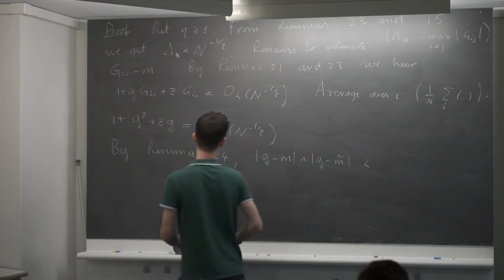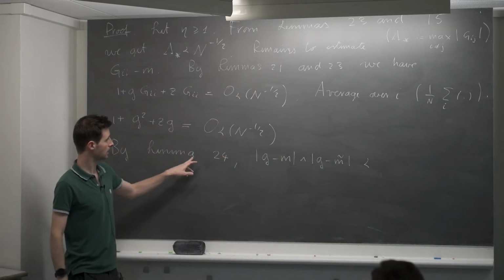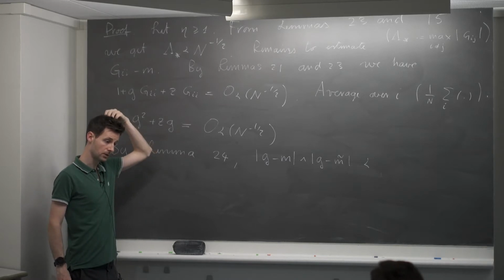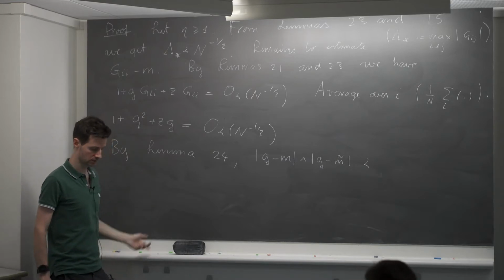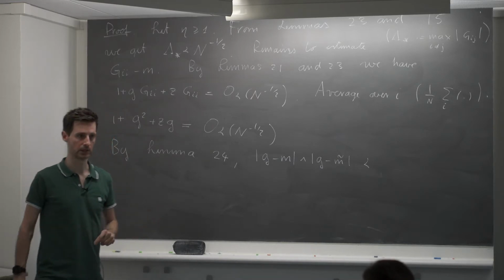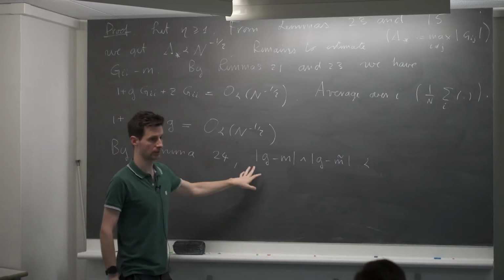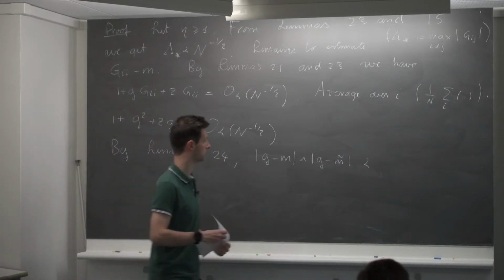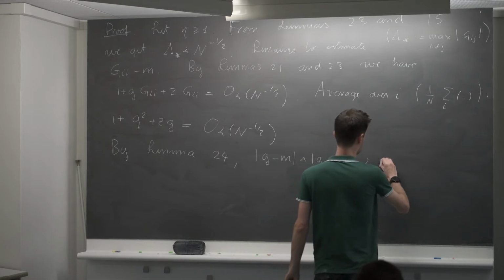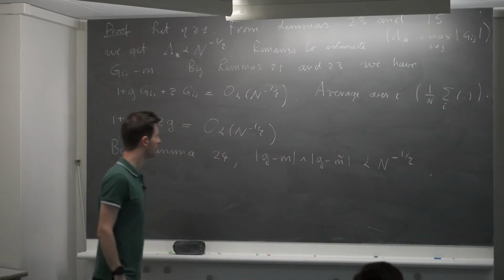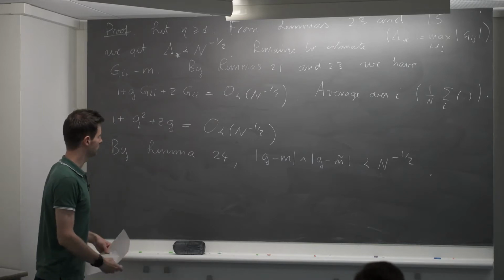Small in what sense? If you recall, the right-hand side in the estimate of lemma 24, if you look at the denominator, was square root of kappa plus eta plus absolute value of r. Since eta is 1, this denominator is at least 1, so I can just ignore it, and I get n to the minus 1/2. So this is what I get from lemma 24.